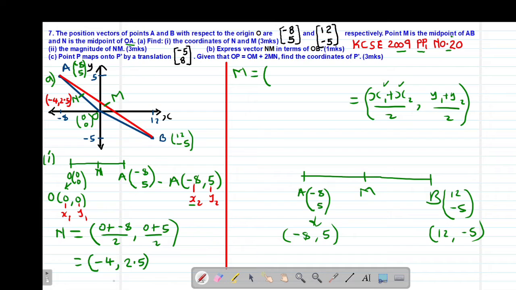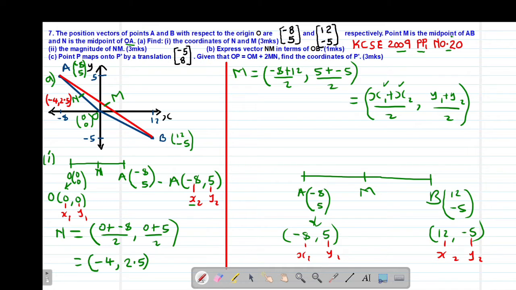Therefore, this will be my x1, then this will be my y1, then this will give us x2, then this will be y2. Therefore, the midpoint will be given by x1 plus x2, so negative 8 plus 12, over 2, comma, y1 is positive 5, plus y2 is negative 5, so minus 5, then divided by 2.